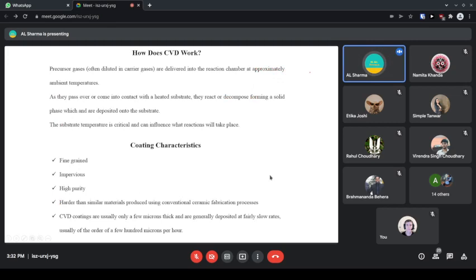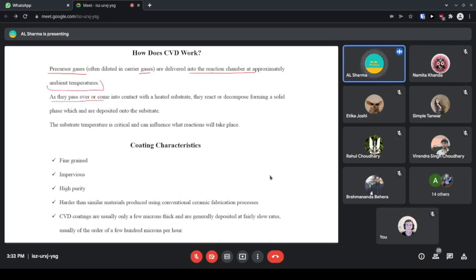So if you see how it works, there are precursor gases. Whatever precursor materials there are, you first prepare their gases, often diluted in a carrier gas. Some carrier gases are going to be used; it may be inert, or useful for your precursors. They are delivered into the reaction chamber where you carry out these reactions at an appropriate ambient temperature.